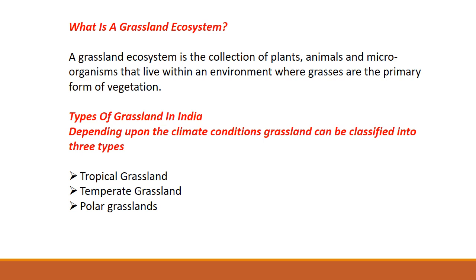Grassland forms a variety of ecosystems that are located in different climatic conditions. Depending upon the climate conditions, grassland can be classified into three types: tropical grassland, temperate grassland, polar grassland.